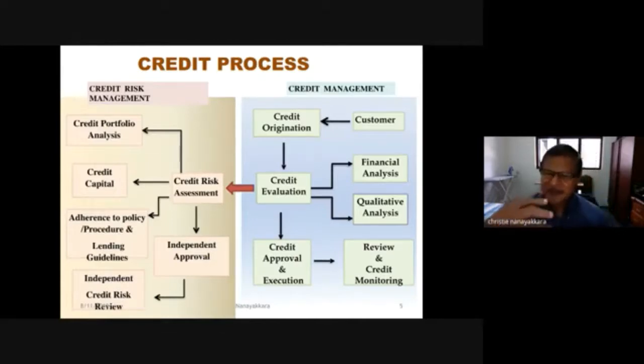So this paper will carry the customer's financial analysis and the customer's qualitative analysis, all this in detail, including certain ratios he has worked out to show creditworthiness and repayment capacity.